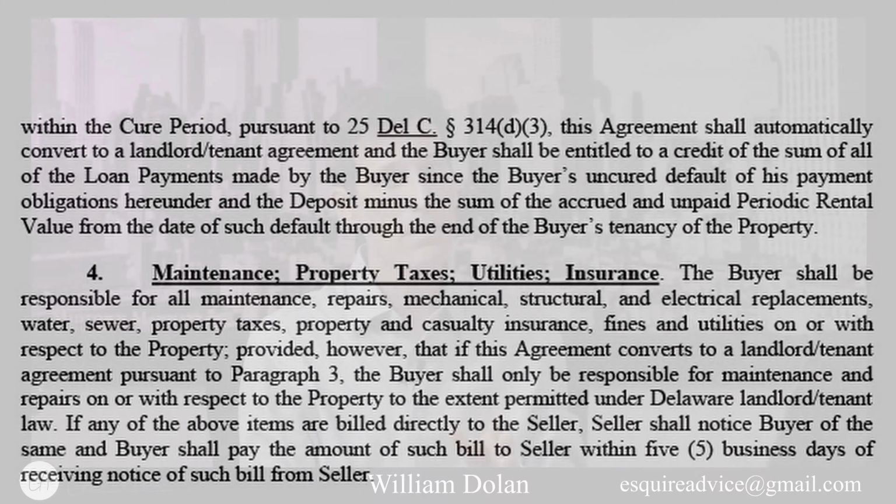So I know this gets a little confusing, but let's say there's a $10,000 deposit. Let's say the monthly payments are $1,000, and let's say they made 4 of those payments during the default period. You've got the $10,000 deposit. You've got $1,000 a month for 4 months, right? 120 days. So you've got $14,000 that gets put on the tenant side of the ledger. And then you go back to that monthly rental value, which we said had to be $750 or less.